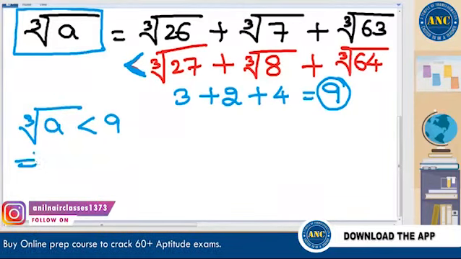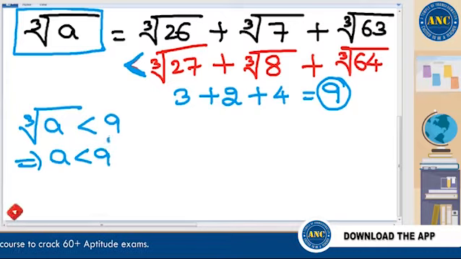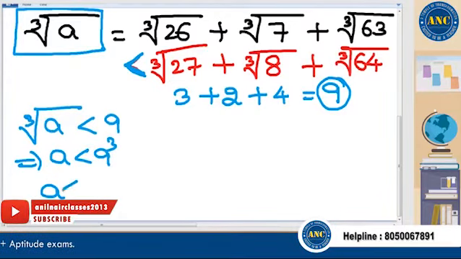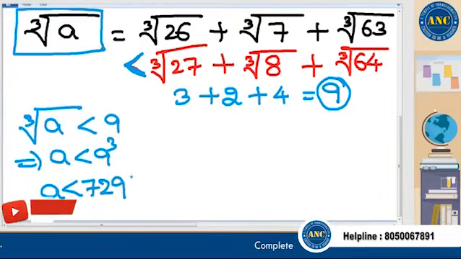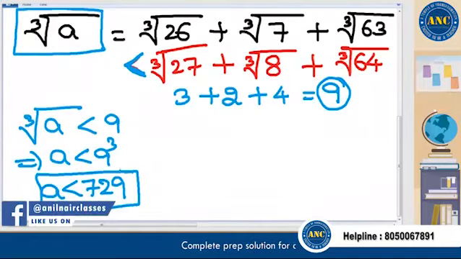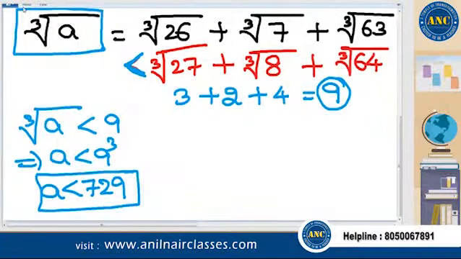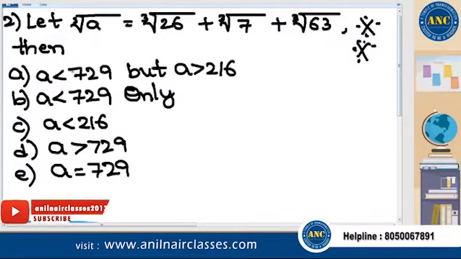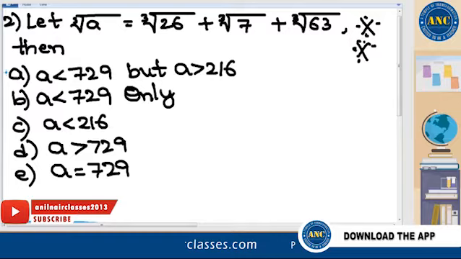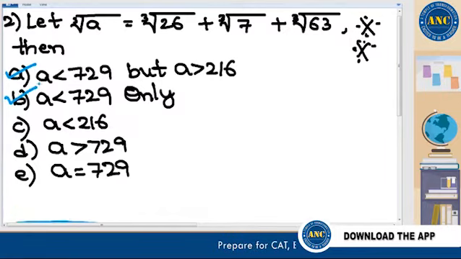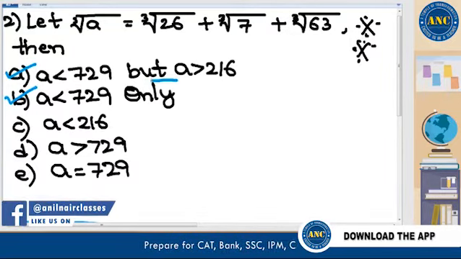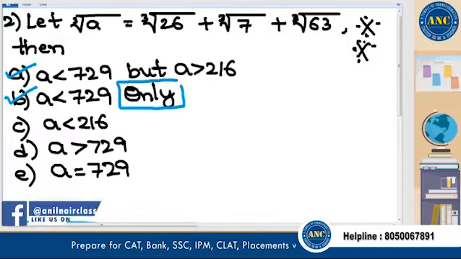If I cube it, a will be less than 9 cube, which is 729. That means a is definitely less than 729, right? If you see the answer options, the first option is correct, the second option is also correct, but in the second option they are saying a is less than 729 only.